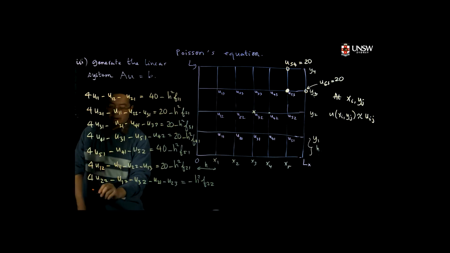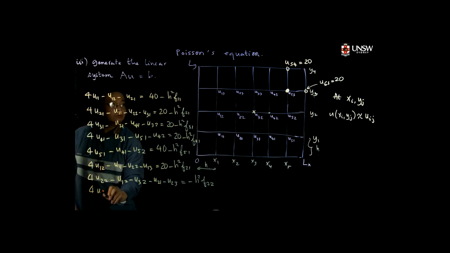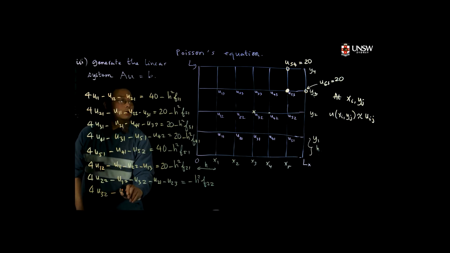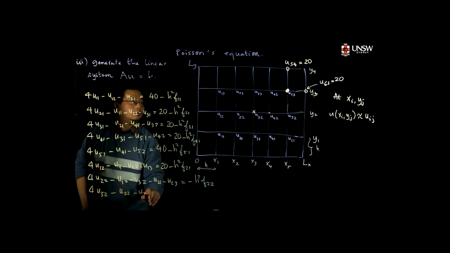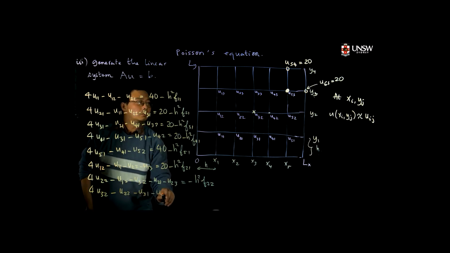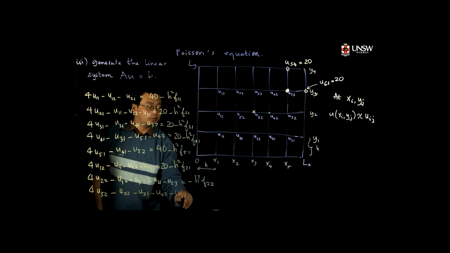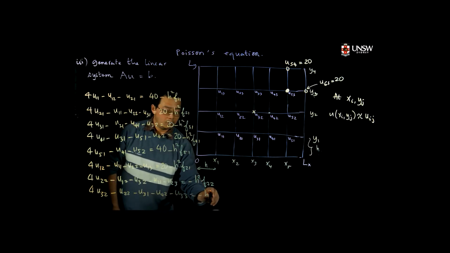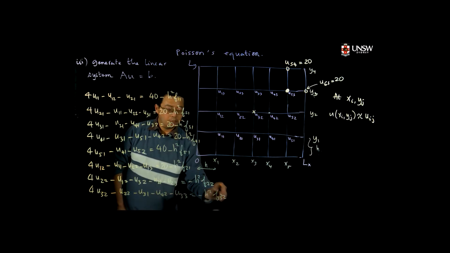Okay, and we got 2 already, so now for 32: 4 U32 minus U22 minus U31 minus U42 minus U33 equal minus h square f32.